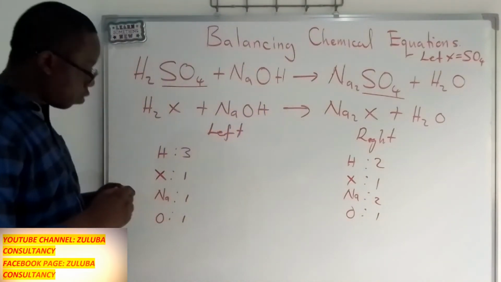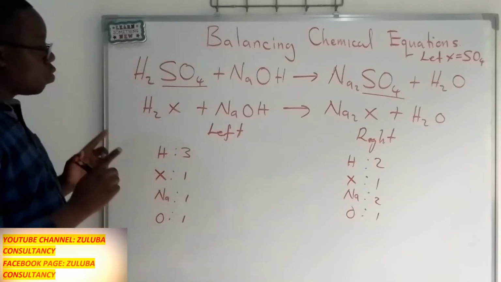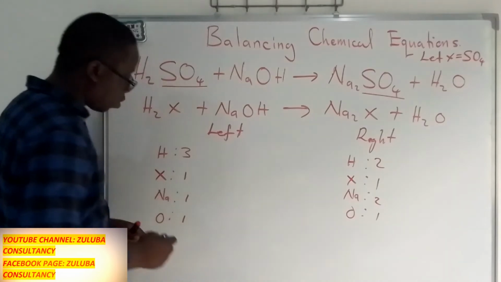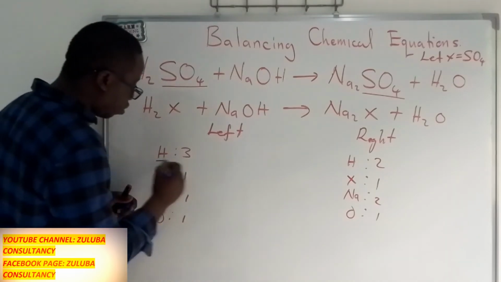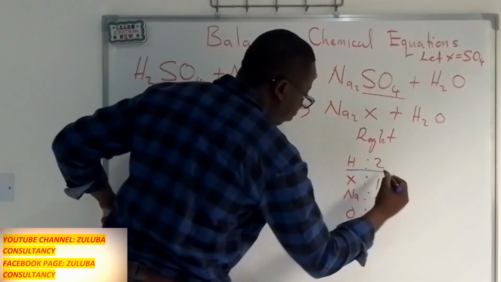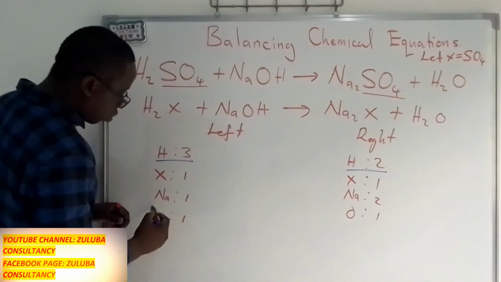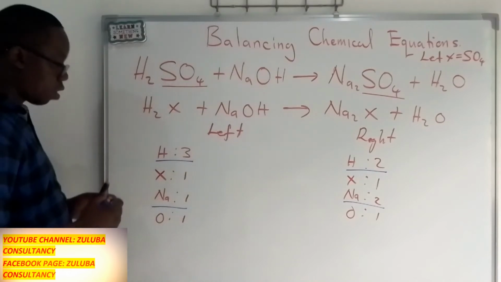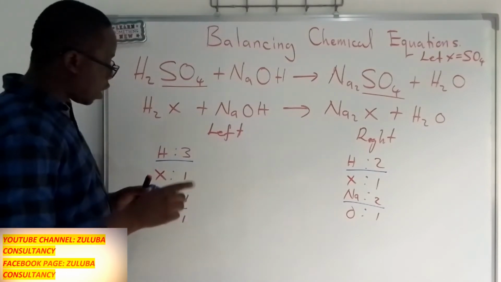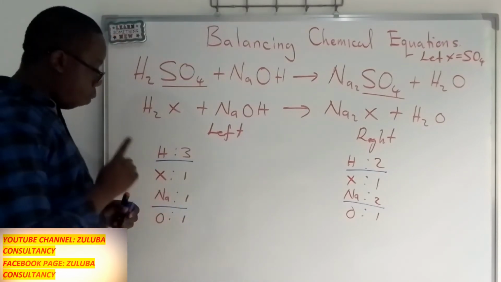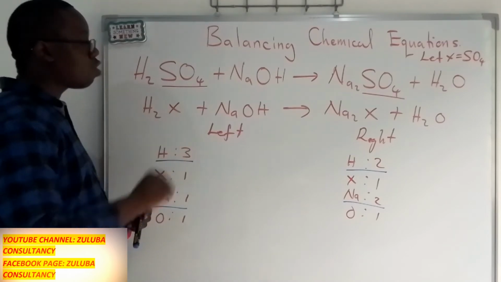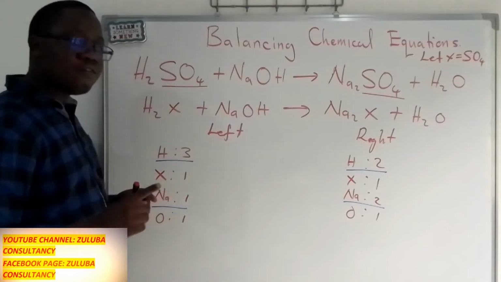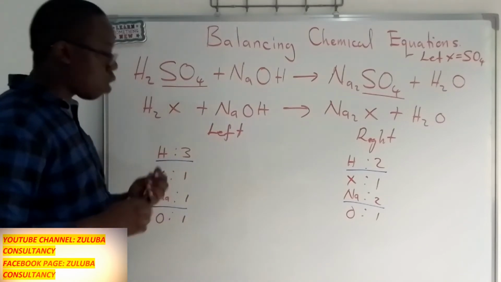So after you do this, you now try to look at which atoms are not balancing. So you will notice that hydrogen is not balancing. Also, sodium is not balancing. Now, as we have said in the first example, when you notice that this atom is not balancing and the numbers are even and odd numbers, try to swap them.